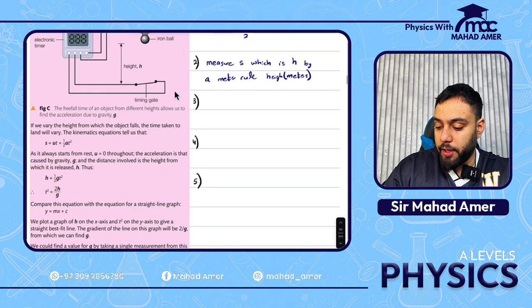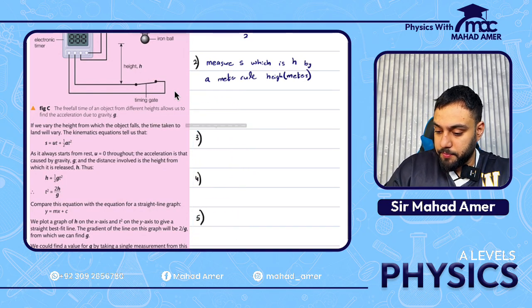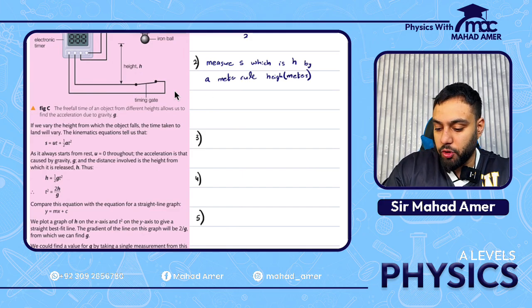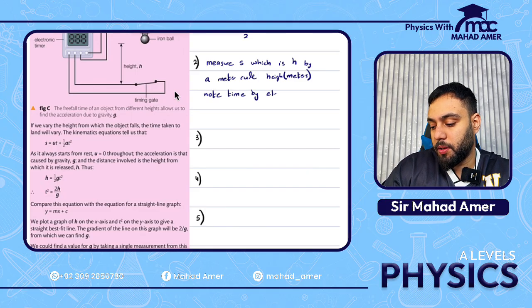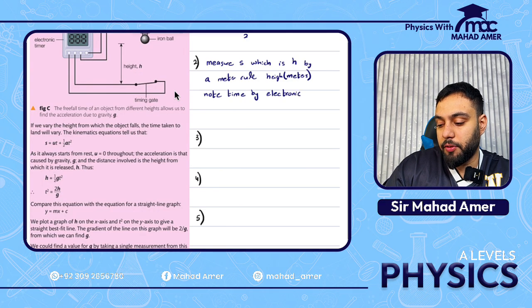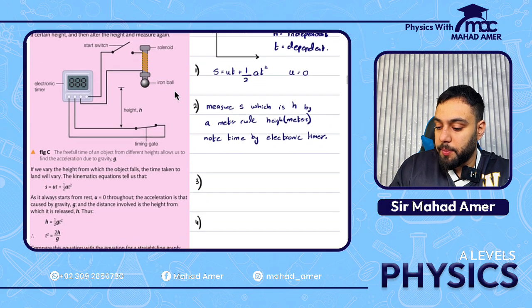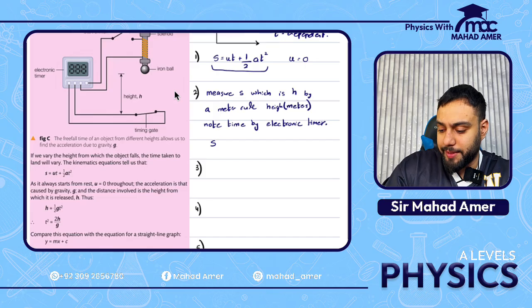You are required to measure the time in the experiment. Note the time by the electronic timer. If you were to realize, this equation would be slightly changed, and s would become h.